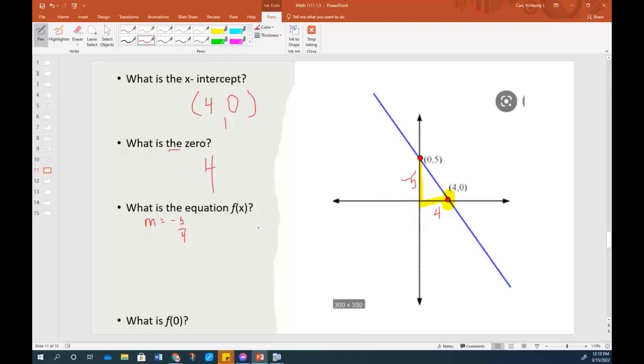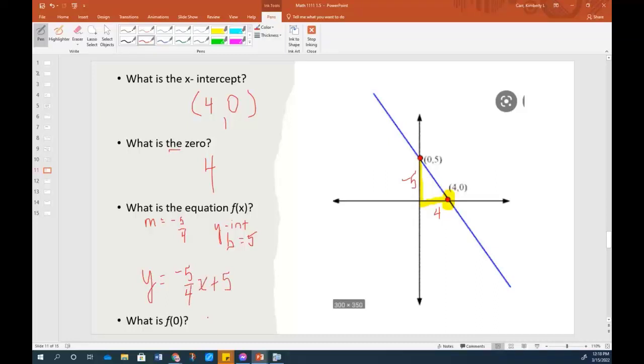But the y-intercept is what we need to write the equation. Remember, that's the other thing you need. And you can see that over there. The b value of that y-intercept is 5. So when I want to write the equation, it's y equals mx plus b.